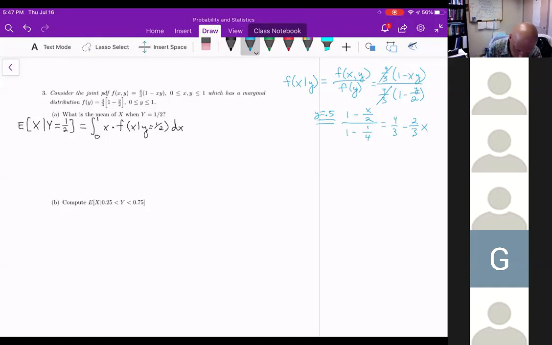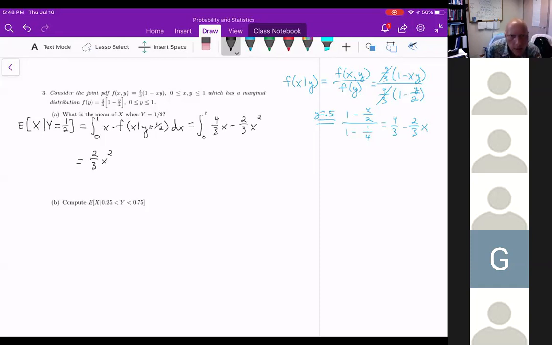It's at this point where I'm going to sub back into the integral we set up earlier. So this is the integral from 0 to 1 of x times that line, which is going to be 4/3 x minus 2/3 x squared. And so when you integrate this, you've got 2/3 x squared.